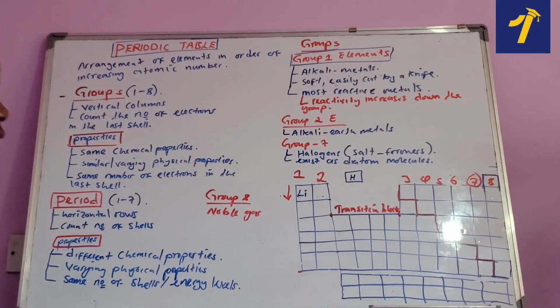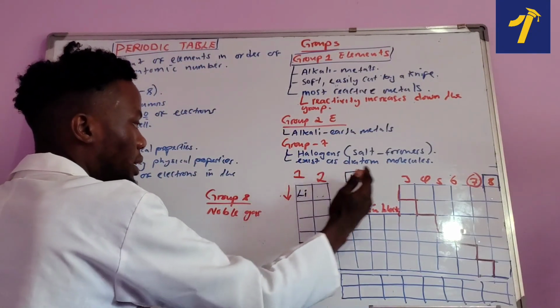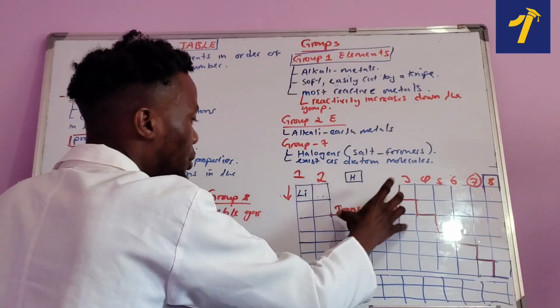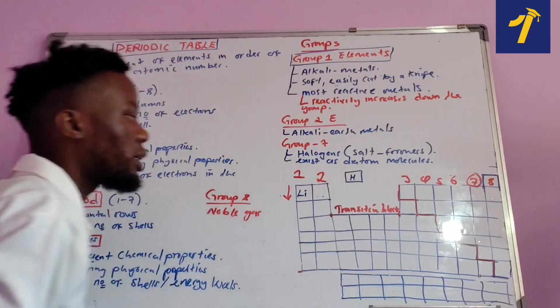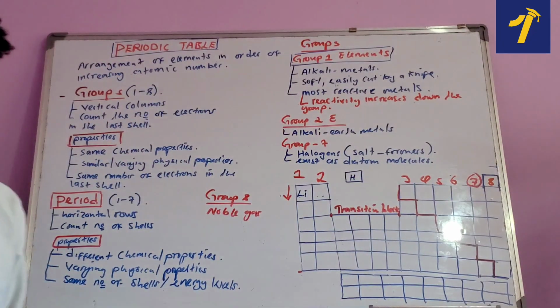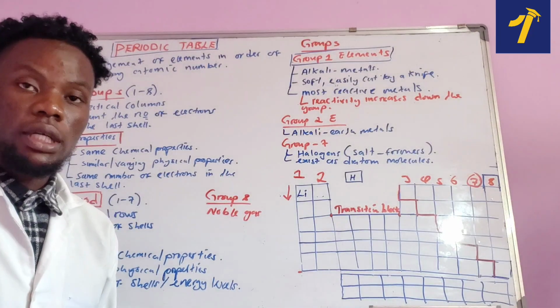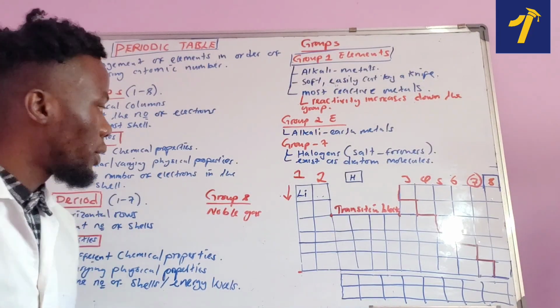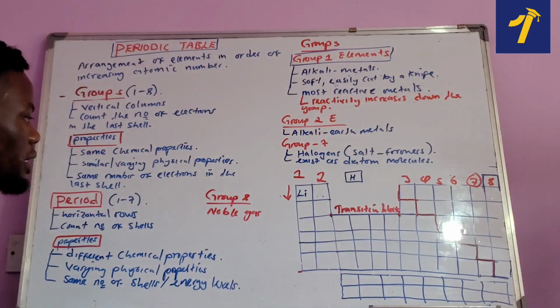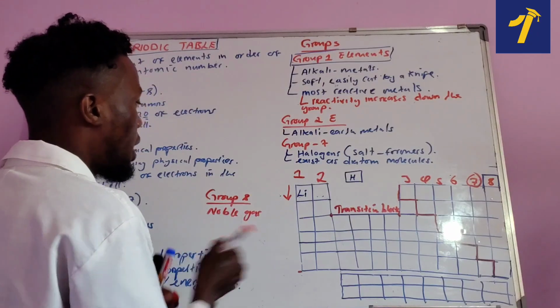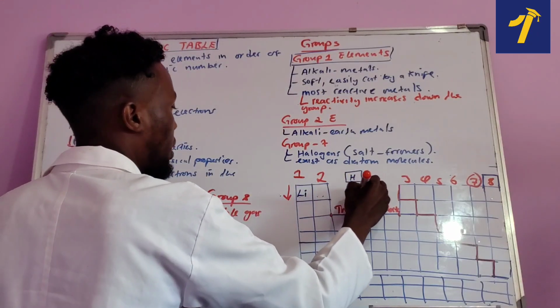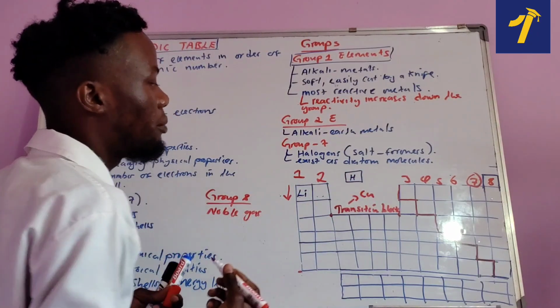That block between the group 2 element and the group 3 element is a block of metals called transition elements or transition metals. A good example that I can add is copper. Copper is a transition metal.